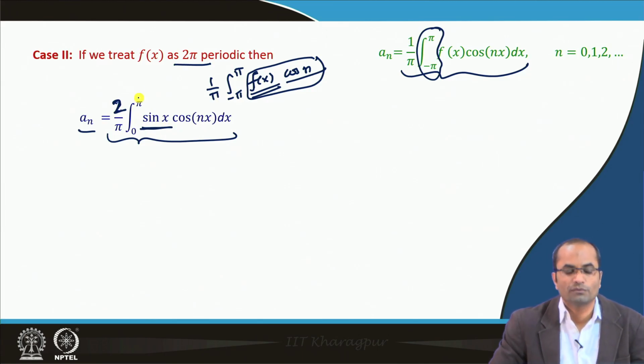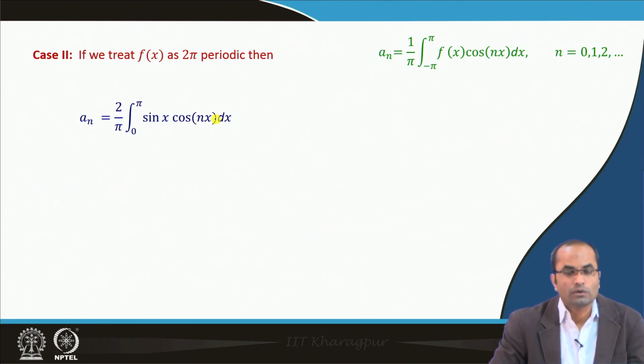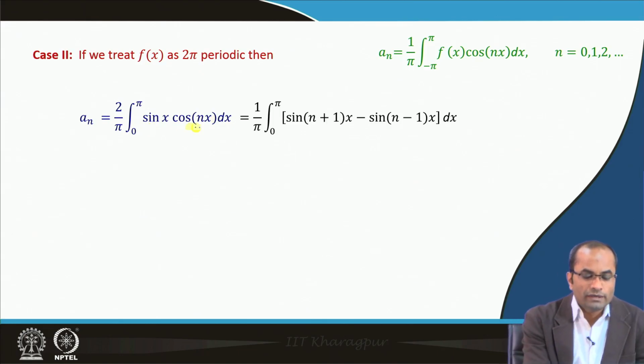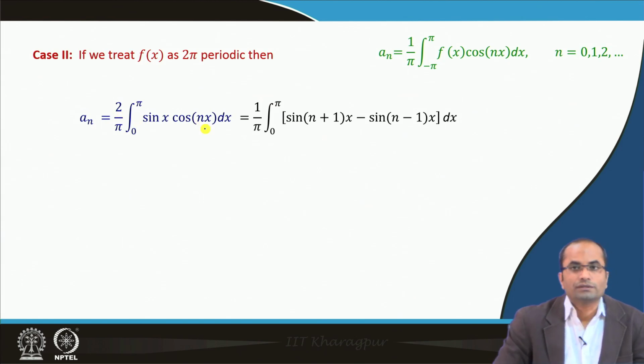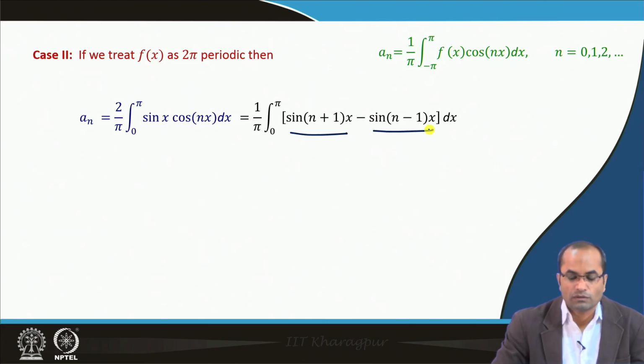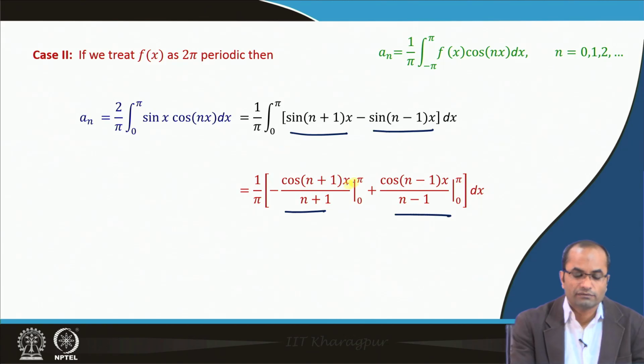So, we have removed the modulus, we have sin x, and then we have this cos nx dx. So, now we can apply this formula, 2 sin x cos nx. So, sin (n plus 1)x and sin (n minus 1)x, and we can integrate these sines now. So, we will get with minus sign this cosine and this cosine, and again with the same argument.